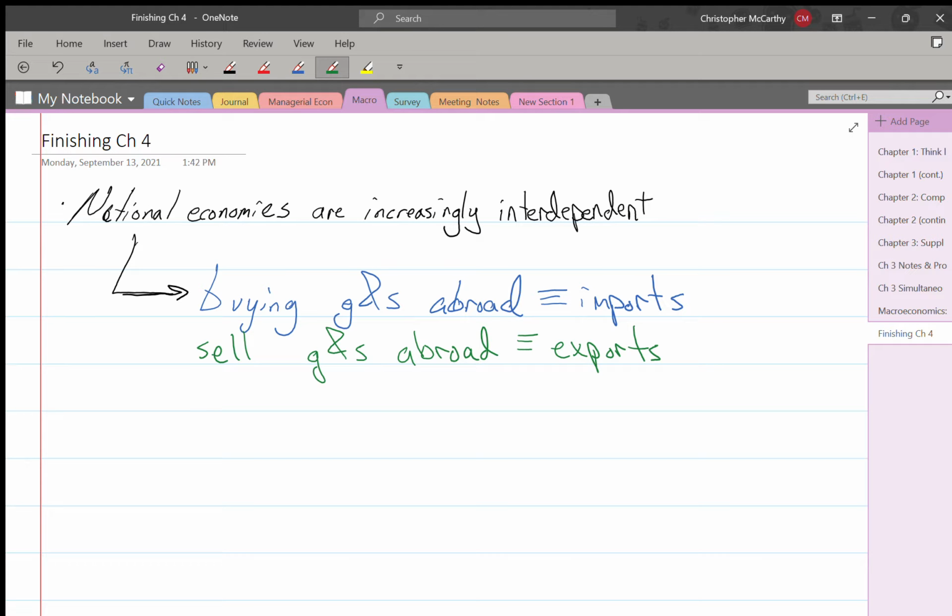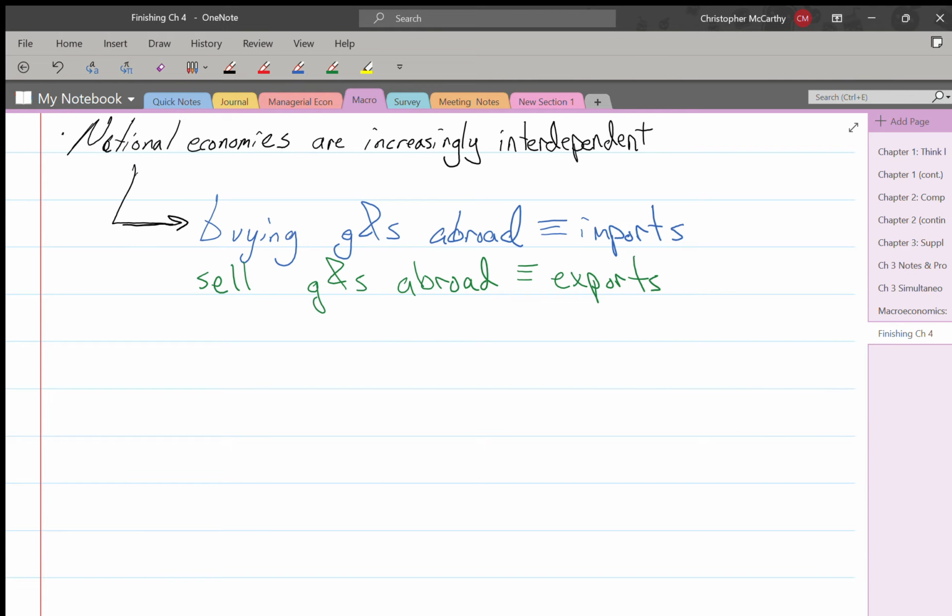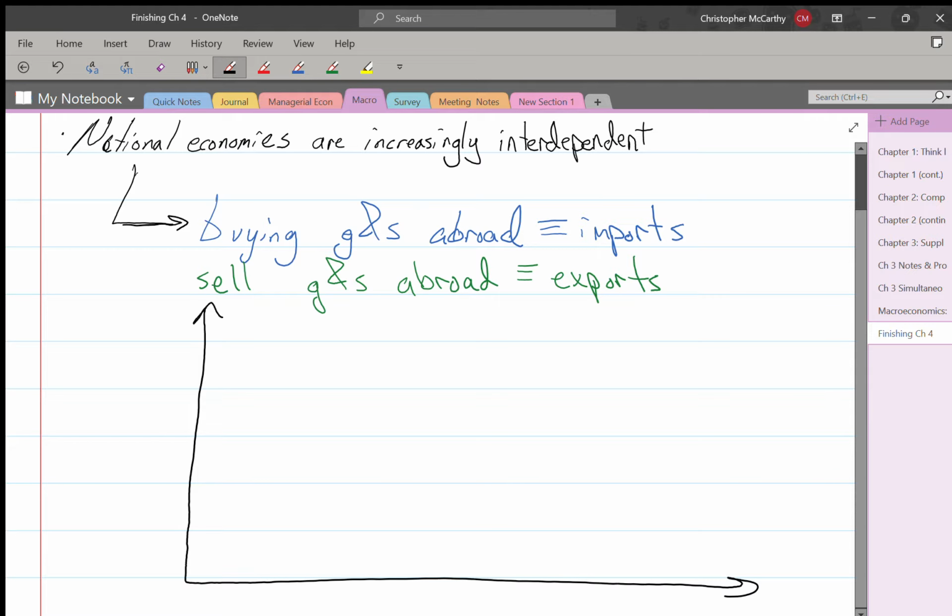And it hasn't always been this way. If we look back over time, do a crude approximation of the graph in the book here. If we look at exports as a percentage of GDP, or imports, again, as a percentage of GDP, so the fraction that it is. So if we have blue be exports and red be imports, just like the book.